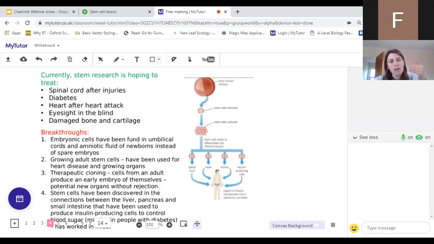So the turning on and off of the correct genes as the cell differentiates into what is needed in that body will mean that it will have very similar, if not the same, DNA as other cells in the body that are doing that same job.